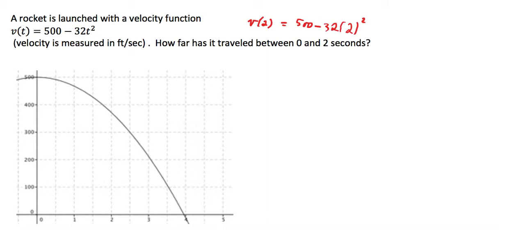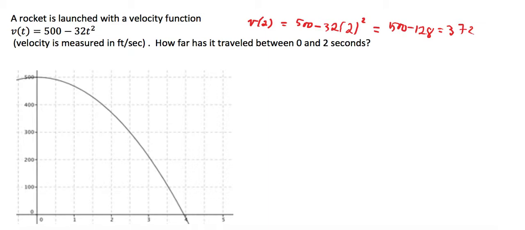So that's 32 times 4, which is 128. So 500 minus 128 is 372.